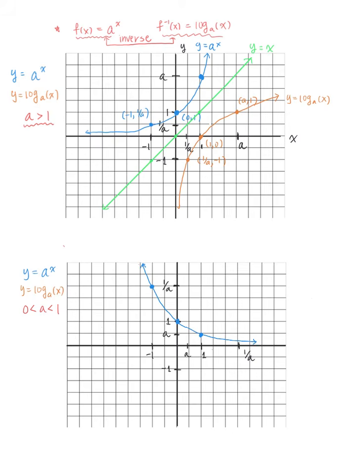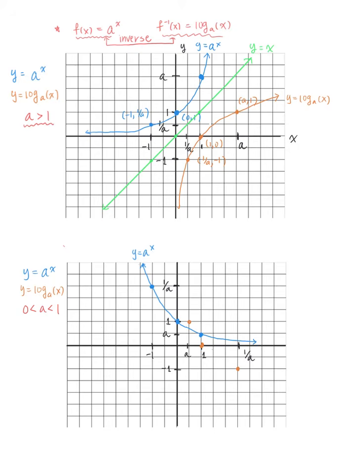All right, so this is the graph of y equals a to the x when a is between 0 and 1. Now let's try to graph out the log function. It does have to go through (1, 0), that I know. Other key points are (a, 1) and (1/a, -1).